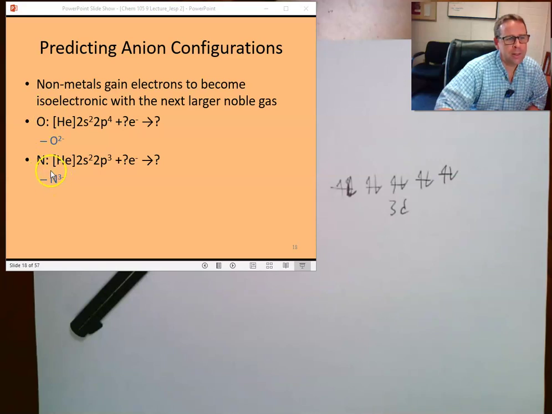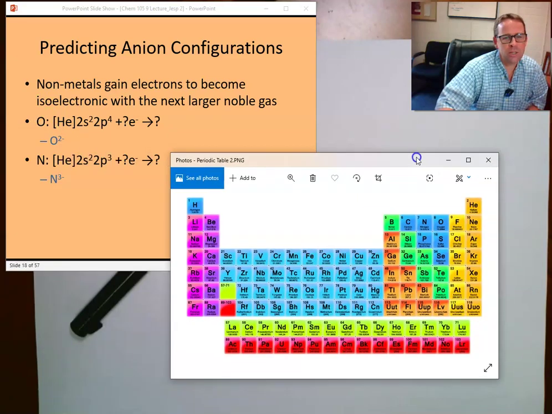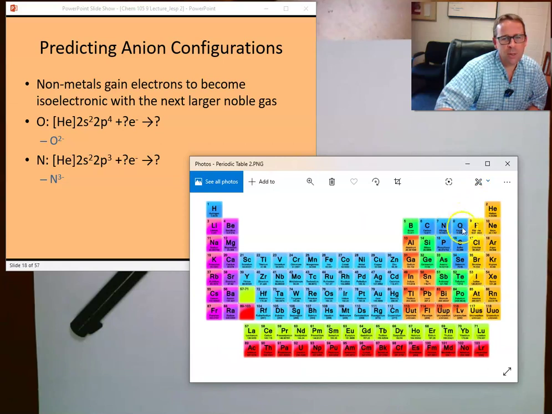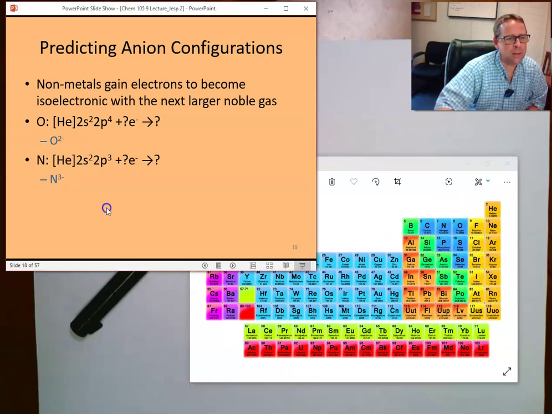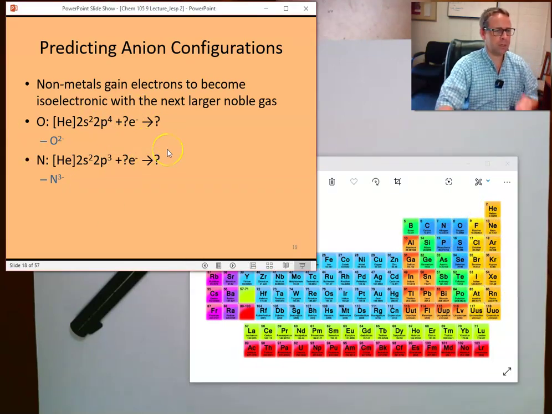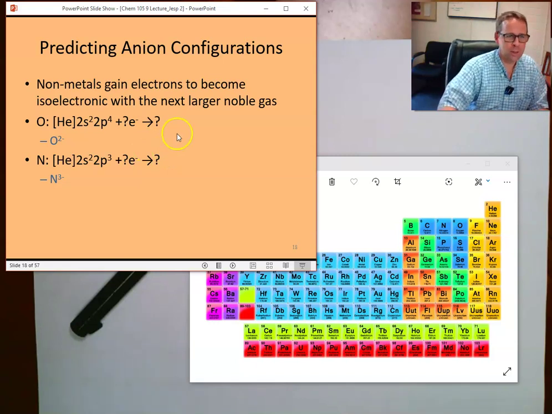It's easier probably for us just to see where it's at on the periodic table and know how many electrons it needs to get to a noble gas as far as our nonmetals go. But it does work using the electron configuration as well.